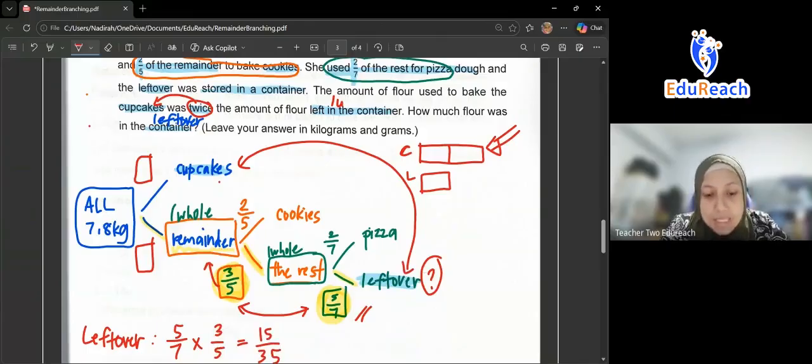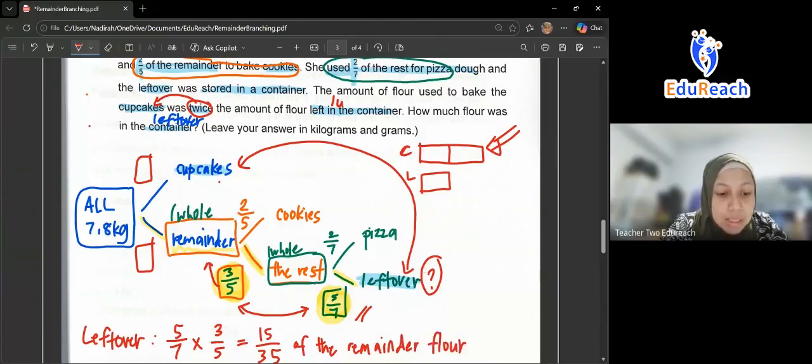What this means is 15 out of 35 of the remainder flour is the one that is left over in the container. Okay.